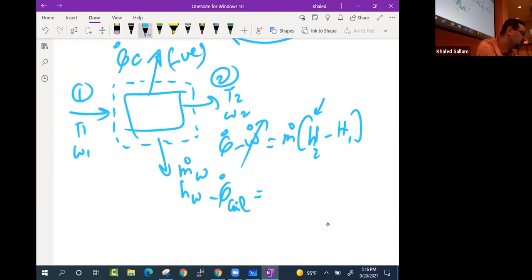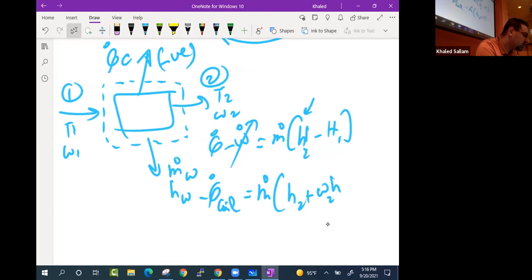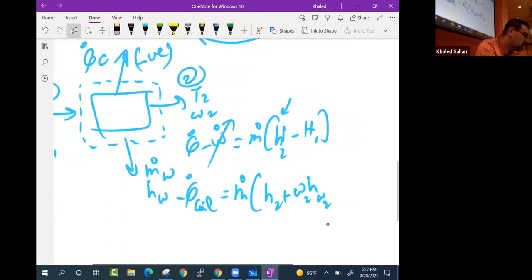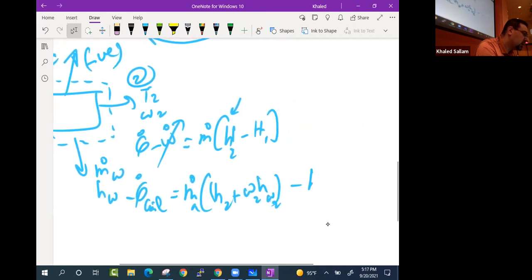So I'm going to say minus Q dot coil, because it's leaving, equal to m dot air times H2 plus omega 2, H vapor 2, minus m dot air times H1 plus omega 1, H vapor 1.